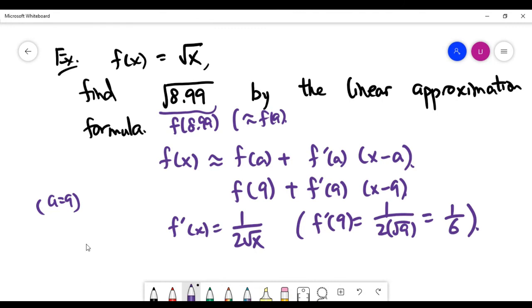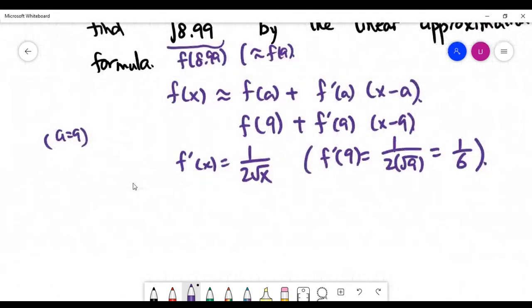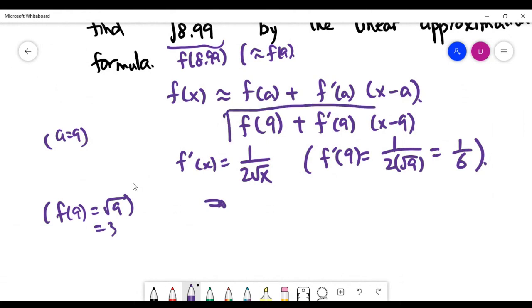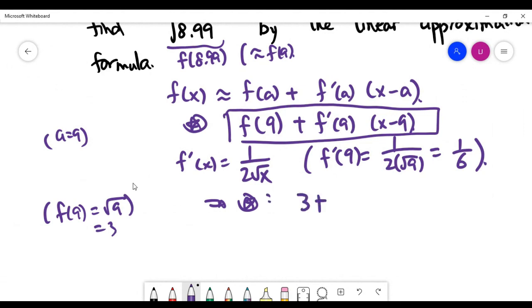Let's put all the things back into the formula we have. Please note that f of 9 is just the square root of 9, which is 3. So for the formula here, I use the purple star to represent that. It becomes 3 plus 1 over 6, open bracket, x minus 9, close bracket. Now, the actual x point we look at is 8.99, right?